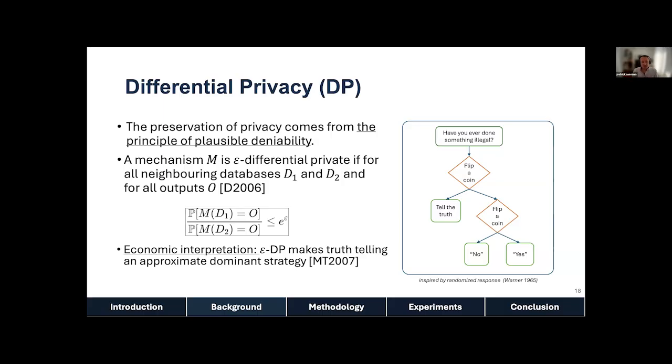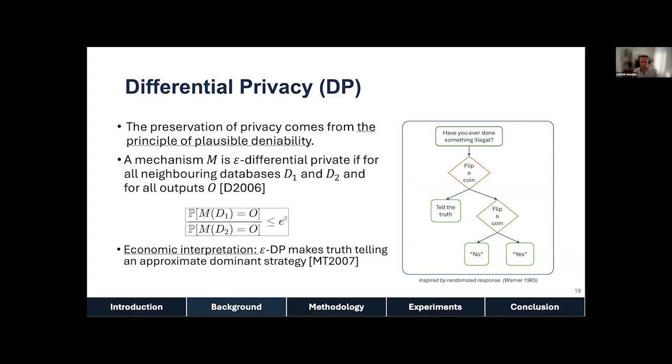Imagine that you are a participant in a survey, and we ask you the question, have you ever done something illegal? Instead of answering truthfully directly, in that randomized response mechanism, you will first flip a coin. If it's heads, you will answer truthfully. If it's tails, you will flip another coin and answer yes or no based on whether it's heads or tails.